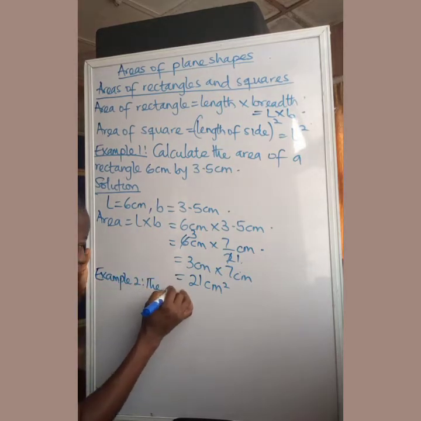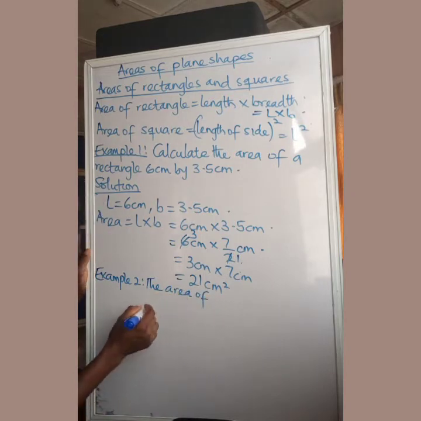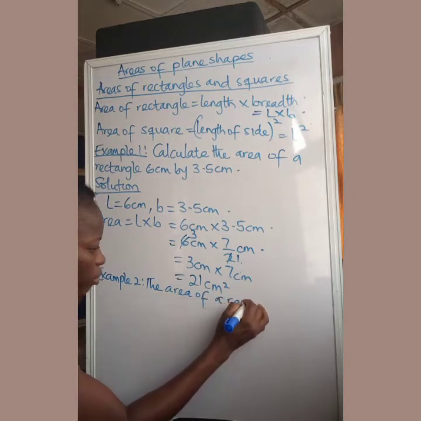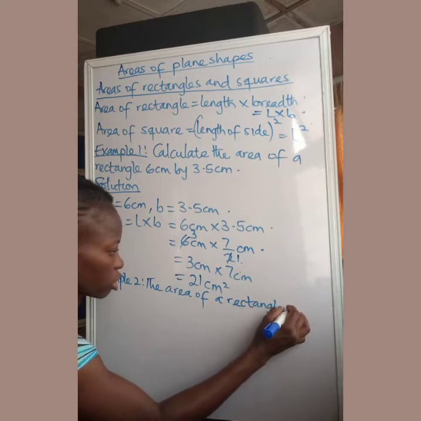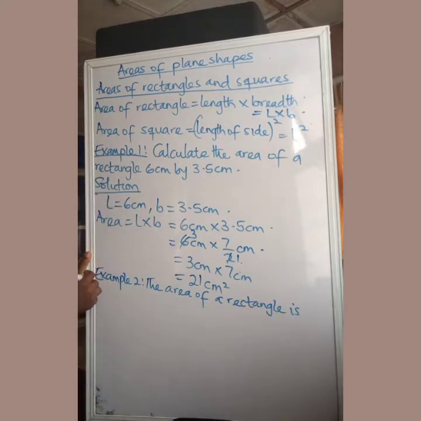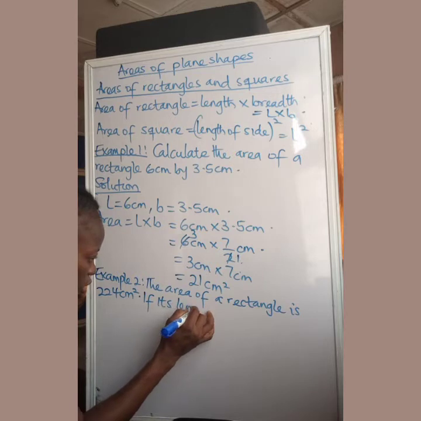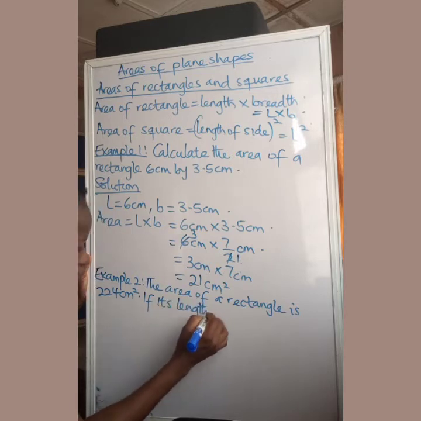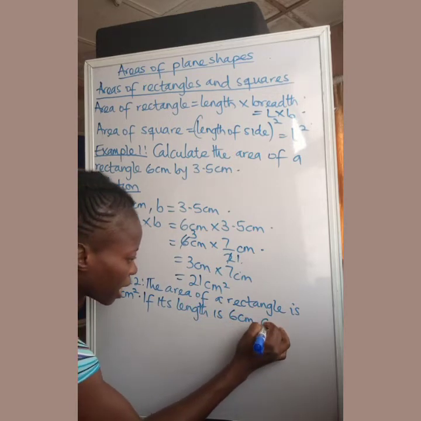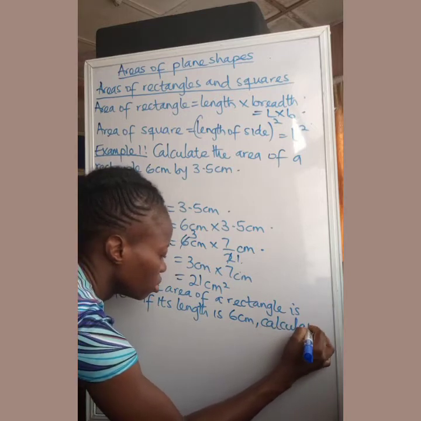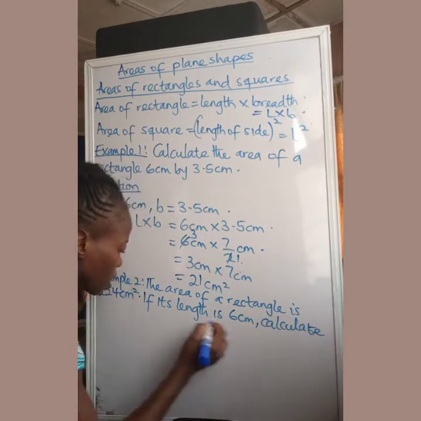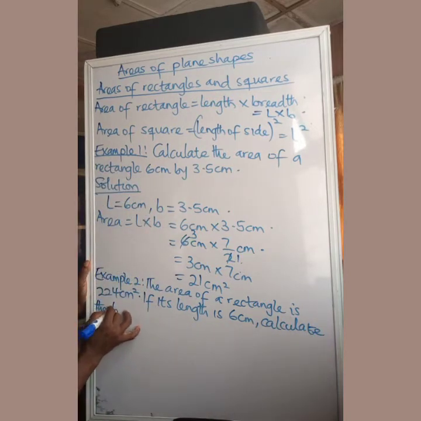Example 2. The area of a rectangle is 224 centimeter squared. Then if its length is 16 centimeter, calculate the breadth.